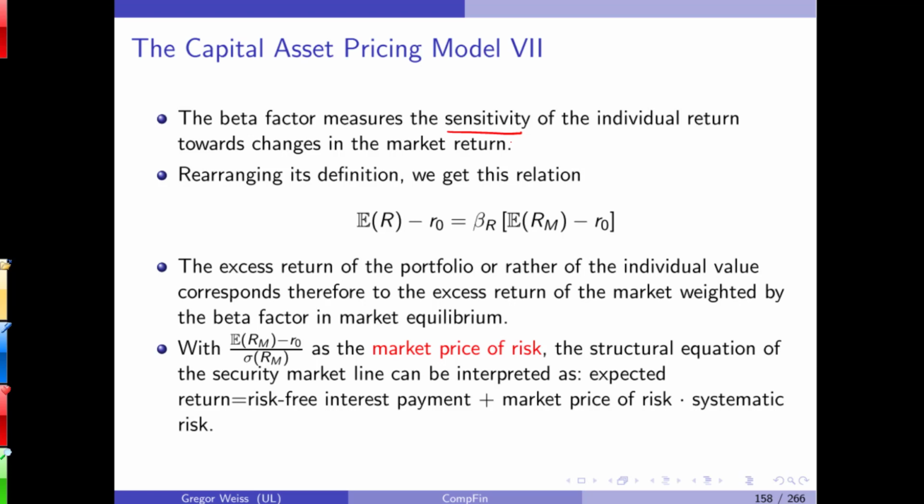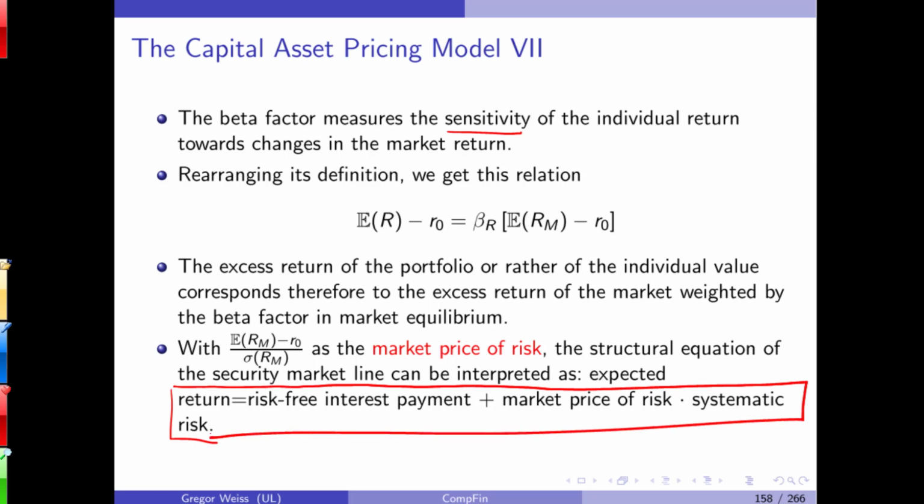Meaning that on the left-hand side you have the excess return on an individual stock, and this is given by the beta factor times the excess return on the market portfolio. Okay, and this is the interpretation here. The return is the risk-free investment plus the market price of risk times the systematic risk of the investment.